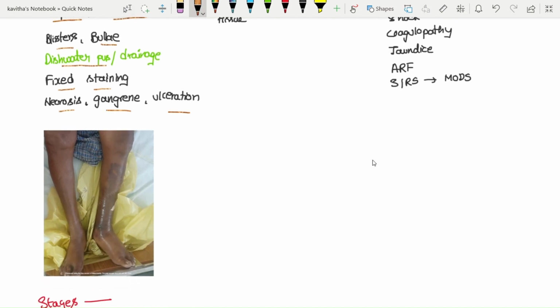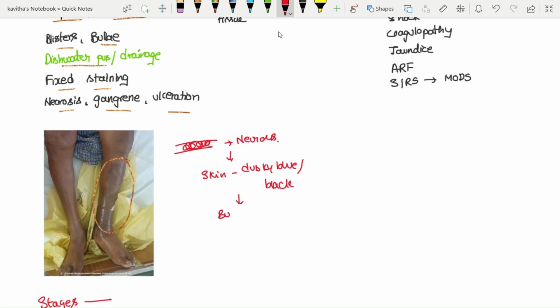Here you can see discoloration. What happens? Initially there will be progressive thrombosis of the vessels, which leads to necrosis. It results in the skin turning dusky blue or black.